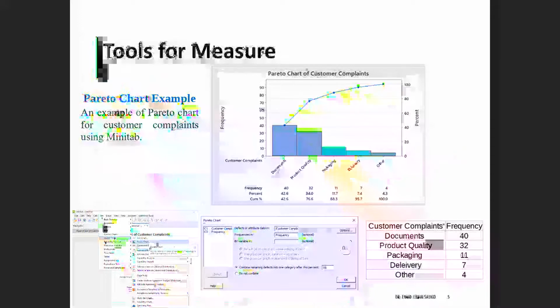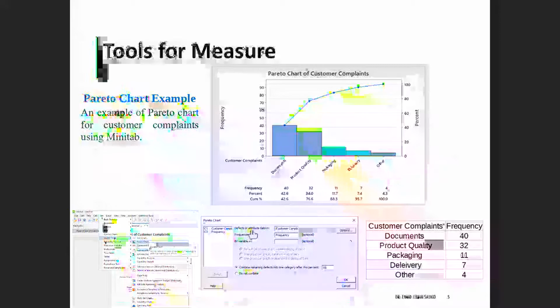This window will ask you to enter the frequency data as well as the attribute data, which means the categories, the customer complaints, or the causes in general, what the causes are for this problem.